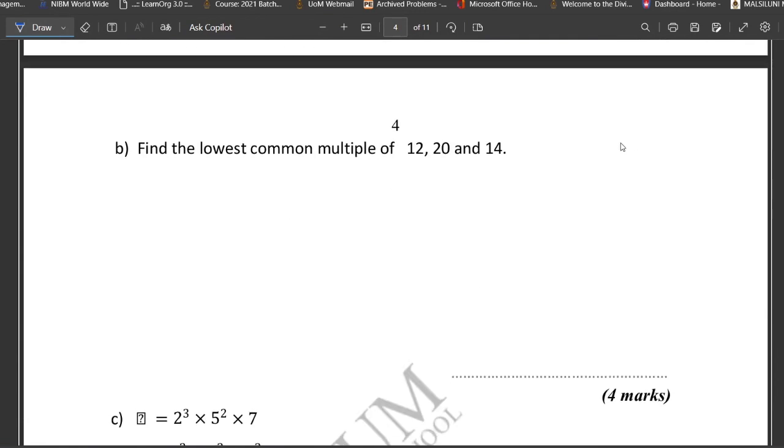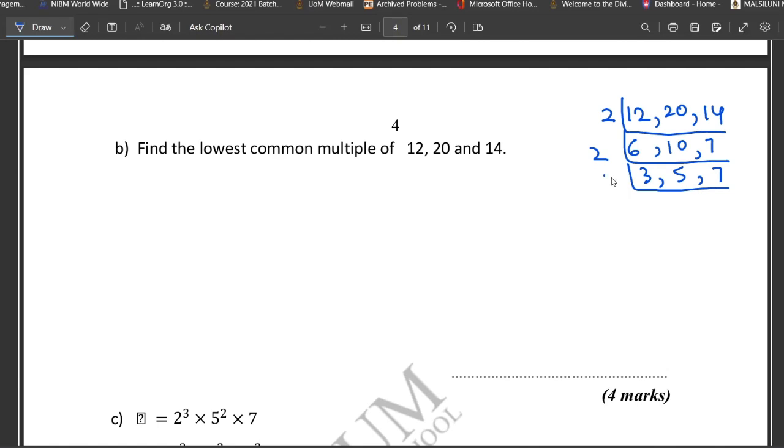Find the LCM. Again we start by the lowest prime number, 6, 10, 7. 3, 5, 7. Divided by 3. Then next prime number is 5. Next is 7.